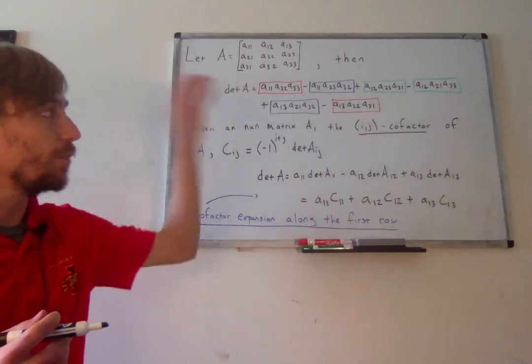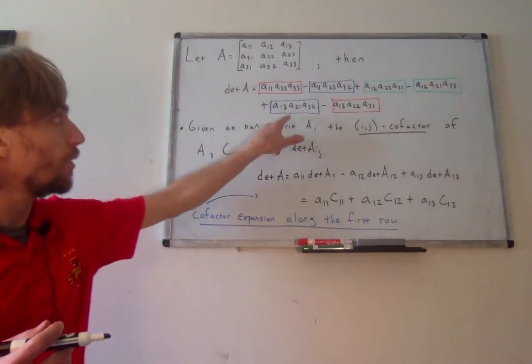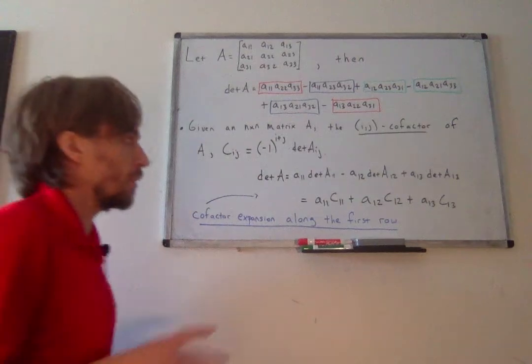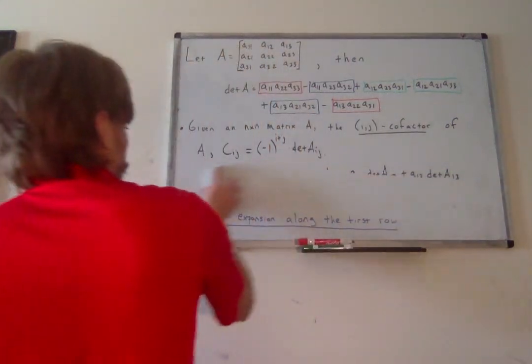So let's see what we get if we factor out the like terms for each of these pairs.